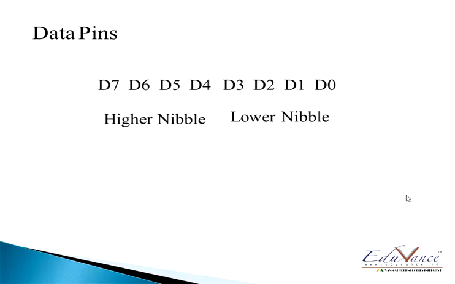As I said earlier, we have to send ASCII values, that is 8-bit values. So it looks logical that we are going to use all the 8 pins, isn't it? But there is a provision for our LCD that instead of using all 8, we can use only 4 of them. Now why would one do that?